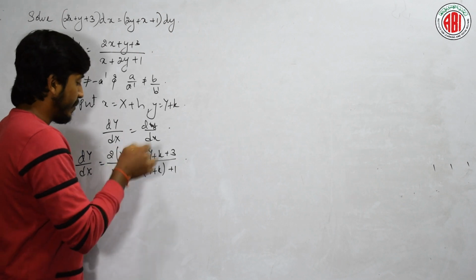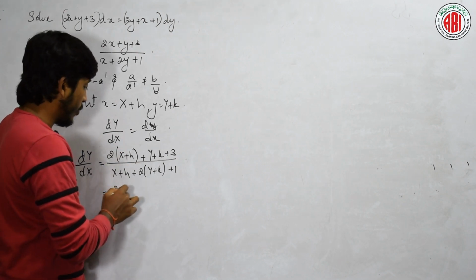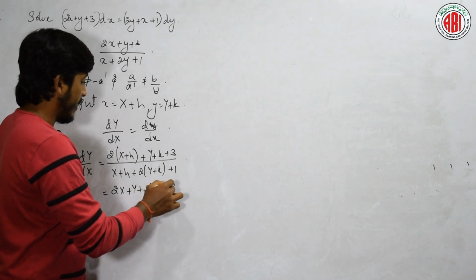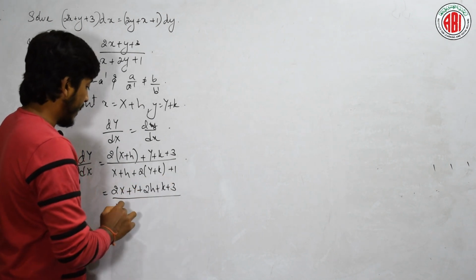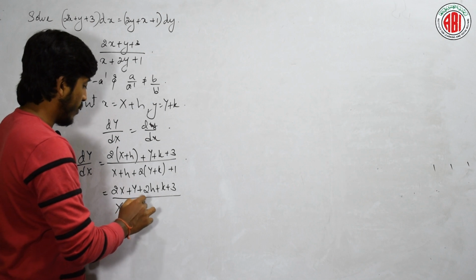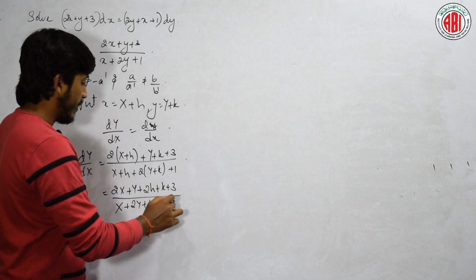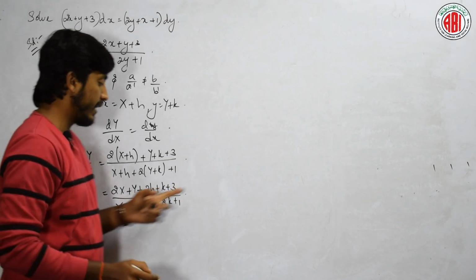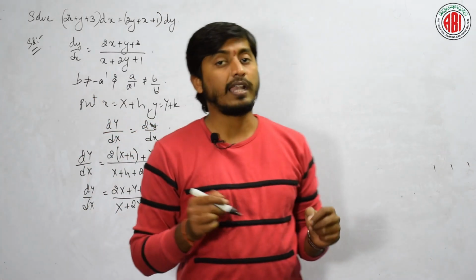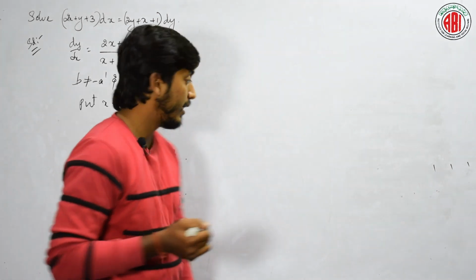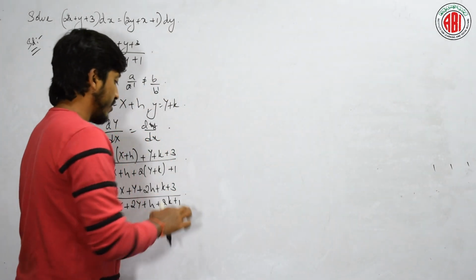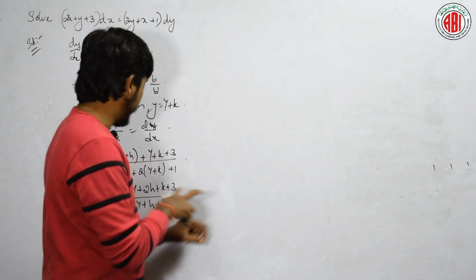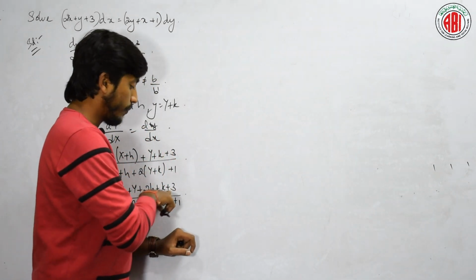So let us separate all the terms together. This will be (2X plus Y plus 2h plus k plus 3) divided by (X plus 2Y plus h plus 2k plus 1). I already told you, whenever we get this kind of thing, make sure that the constants are zeros, right? We can make this non-homogeneous equation homogeneous only when these constants are zeros.